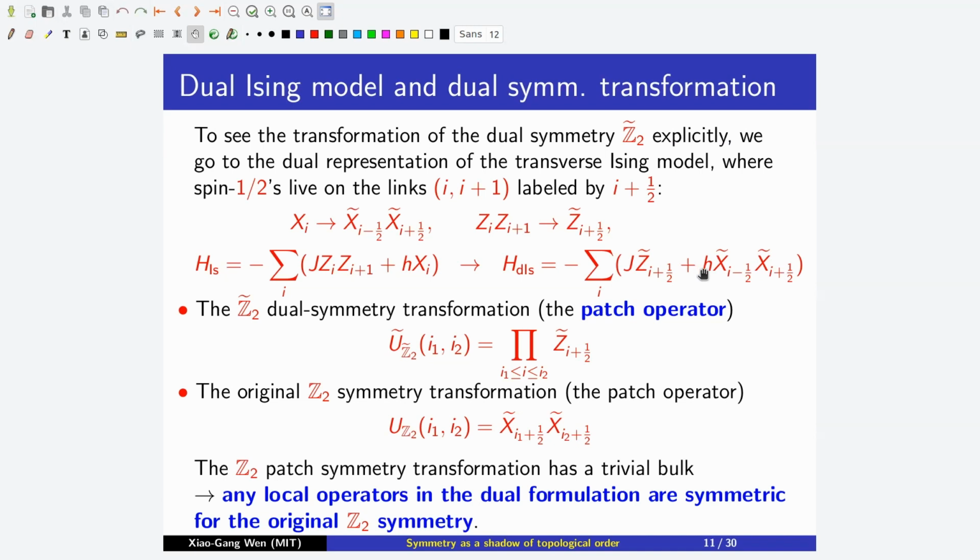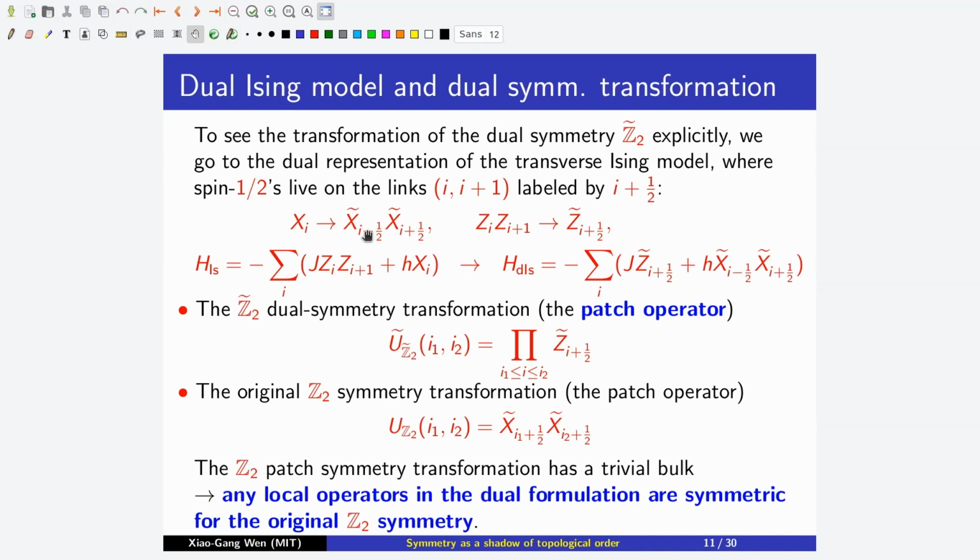But in the dual model, we can have a Z operator: a Z operator flips X and does not flip Z. Therefore, this product of Z operators becomes a symmetry in the dual model, and this symmetry is what is called the Z2 dual symmetry. And in the dual model, the original Z2 symmetry is a product of a bunch of Z.